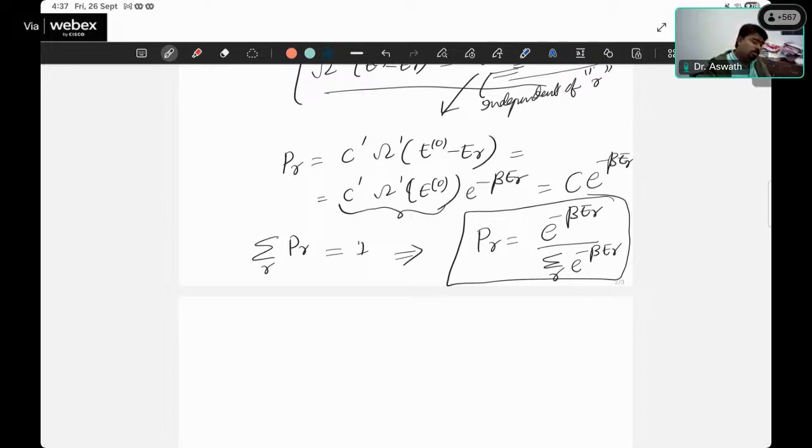This is called a canonical distribution. The denominator is something called a partition function. We'll come to that in the later part.